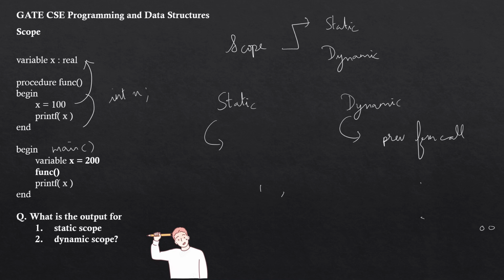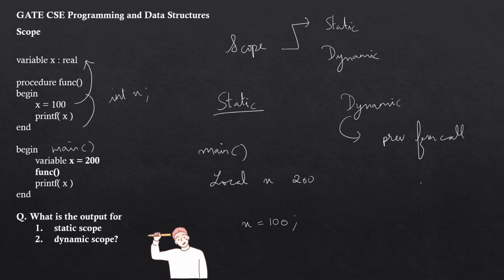In this question, first in the function main, we have one variable x which is local to main. Let's talk in terms of static. When we call the function, we see that there is a new value being given, 100.